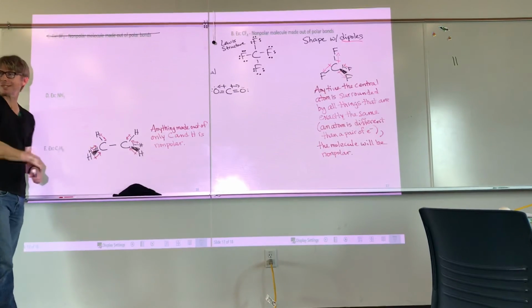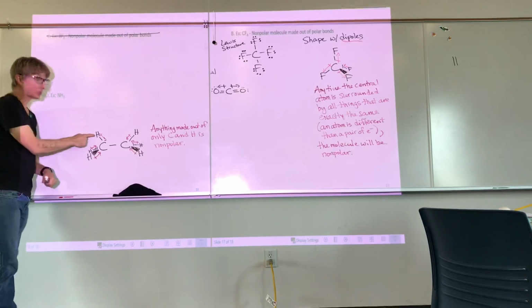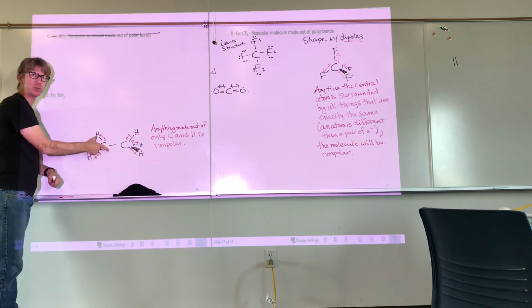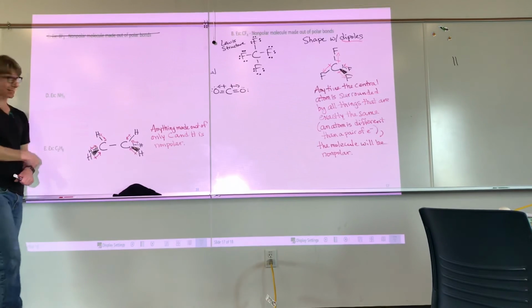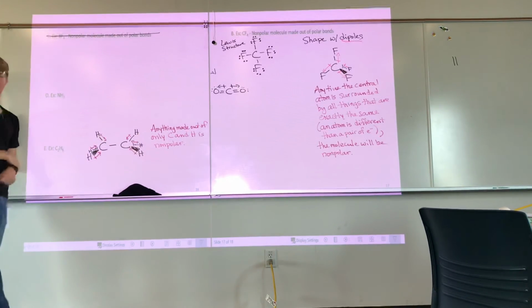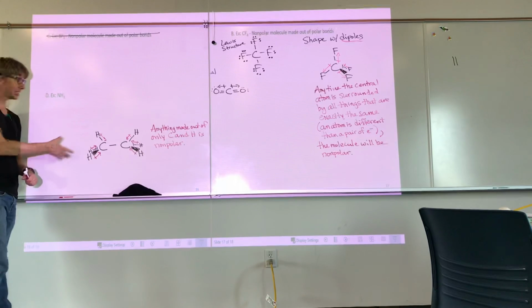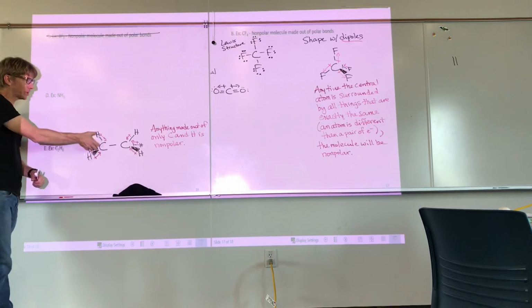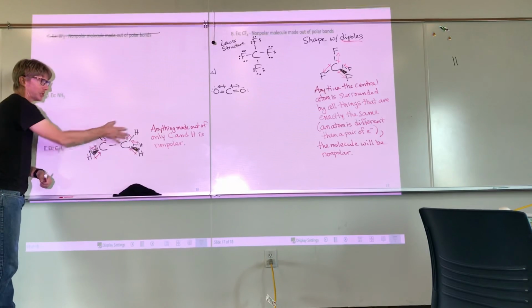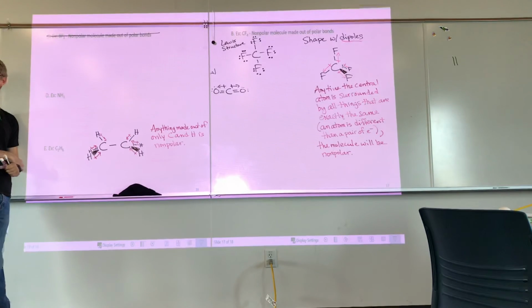That's to deal with this case as well. Hydrogen is 2.1, carbon is 2.5. Anyway, there are various ways to get to this point, but anything made out of carbon and hydrogen only is nonpolar. Because, and it gets complicated, but whenever the dipoles are on one carbon, they will cancel dipoles on another carbon. Questions?